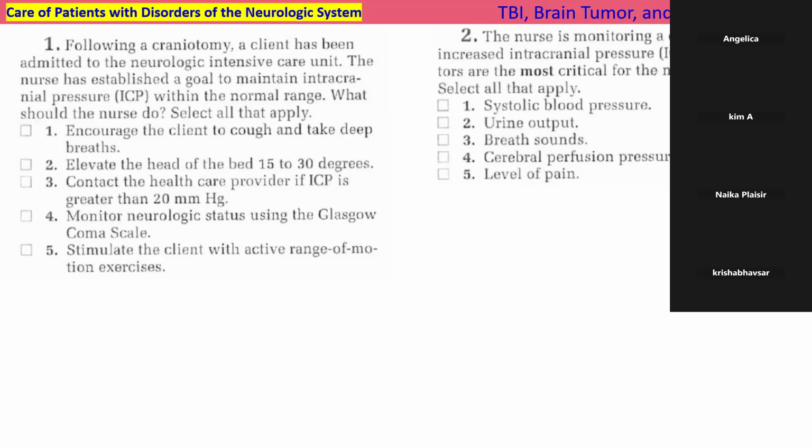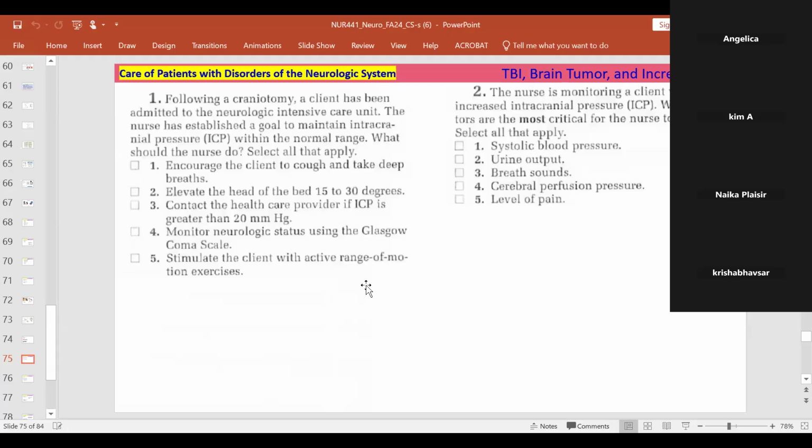So we also should monitor the CPP, cerebral perfusion pressure, and the equation says that cerebral perfusion pressure. Let's see if I can write it on the slide. I will write it in the chat. CPP equals MAP minus ICP.